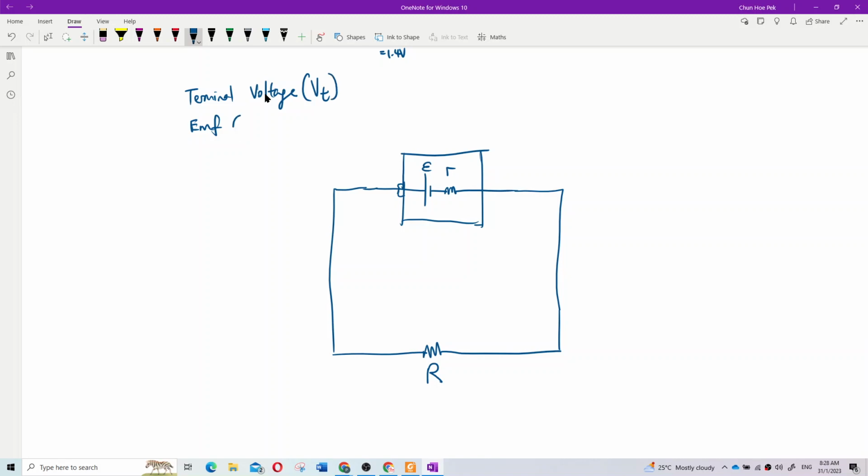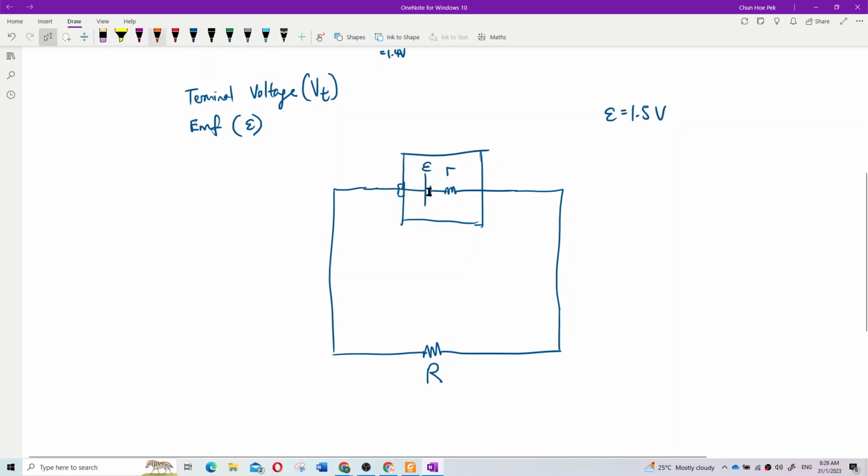EMF is this. Let's say my EMF right now is 1.5 volt.